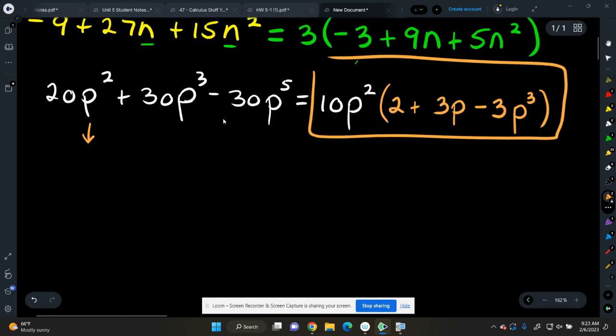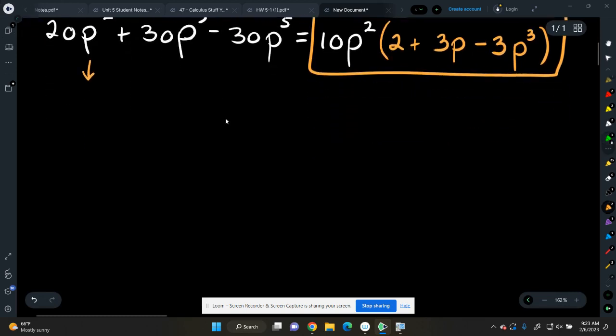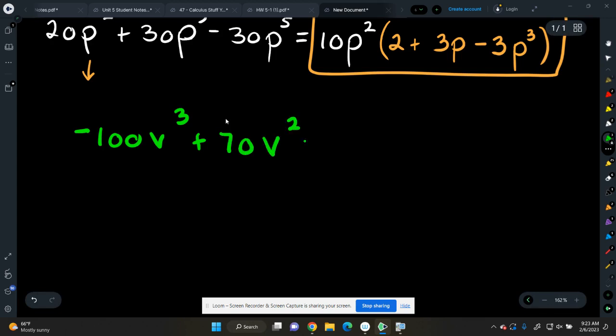Okay, so let's look at this one. Let's do negative 100 v to the third plus 70 v squared plus 90 v. Okay.